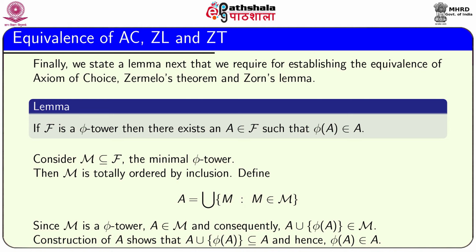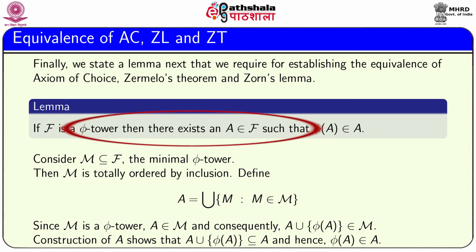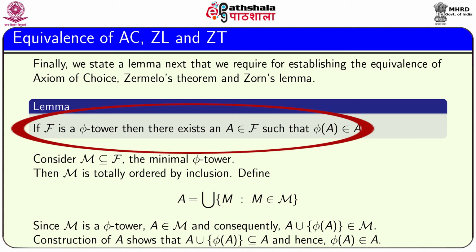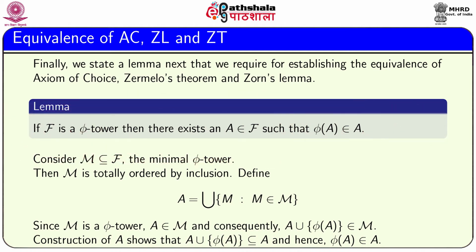We state a lemma that we require for establishing the equivalence of the axiom of choice, Zermelo's theorem and Zorn's lemma. If F is a phi tower, then there exists an element A from the phi tower F such that phi of A is inside A.